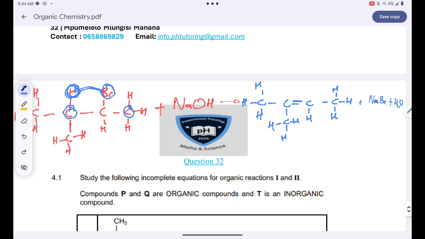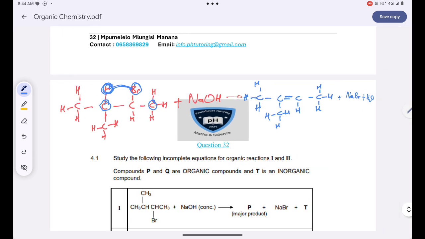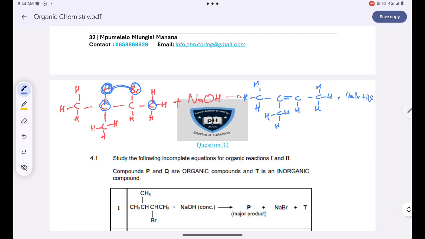The Br and the OH will switch places, and then the OH will bond with this hydrogen to form H2O. So this is the complete reaction 1. So compound P is a major product, and for us to form a major product, we followed the Zaitsev's elimination rule.